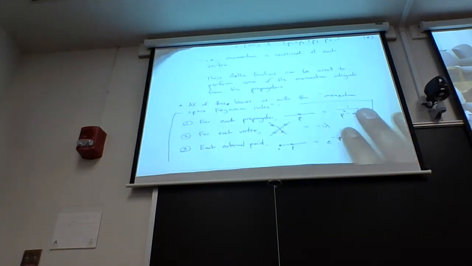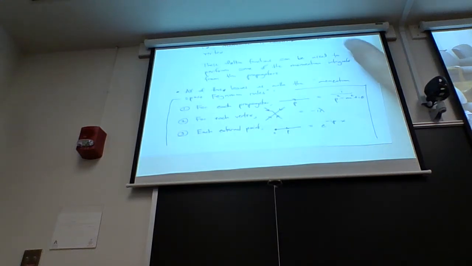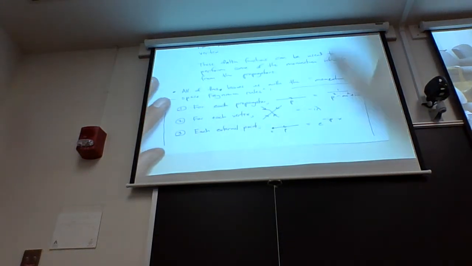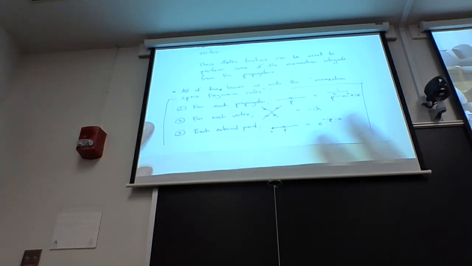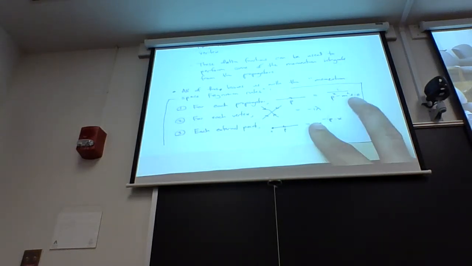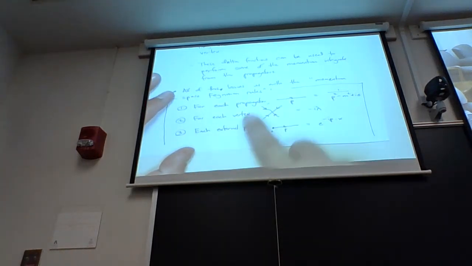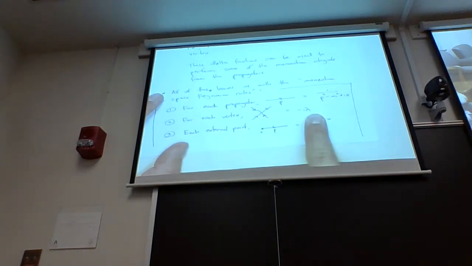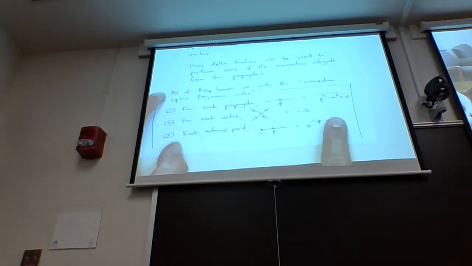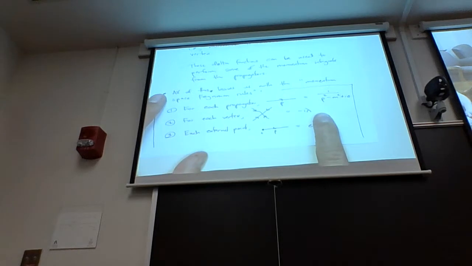So in momentum space, our Feynman rules become this. For each propagator, I introduce a factor of i over p squared minus m squared plus this i epsilon piece. And for each vertex, we have to indicate the flow of momentum, but we just assign a factor of minus i lambda, because we've done the integration that was there in position space using our Fourier transforms.